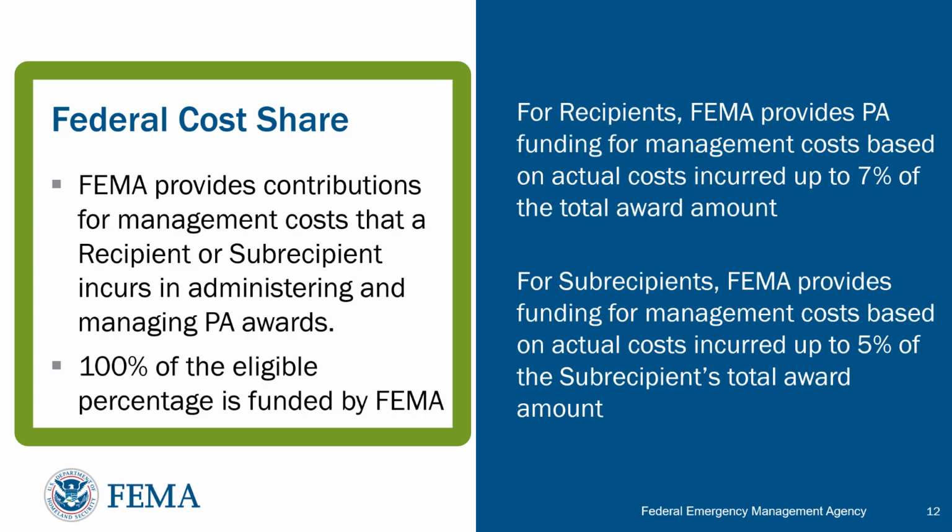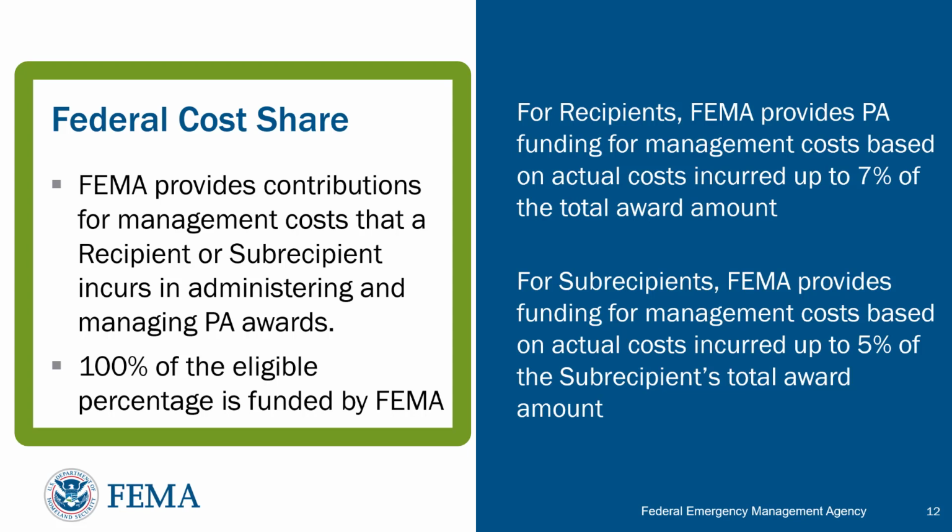In extenuating circumstances, FEMA will sometimes cover more of that. However, on a regular run-of-the-mill event, that 25% is going to be the applicant's responsibility. Some recipients help out. They might pay half of it, 10%, all of it. Some recipients pay none of it. So that 25% is always the applicant's responsibility.